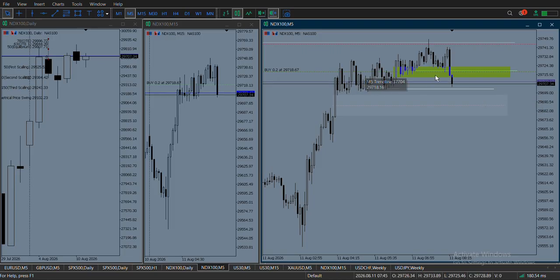So I bought that 718 level expecting it to find support on this inefficiency here, but you can see we've gone through that inefficiency and we've closed on this low. So that's not really what I could anticipate price to do.